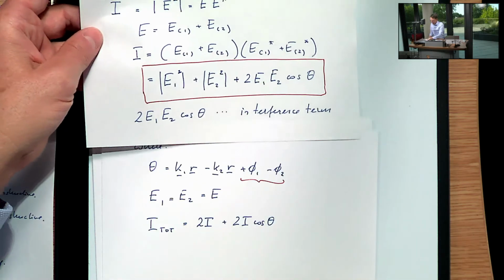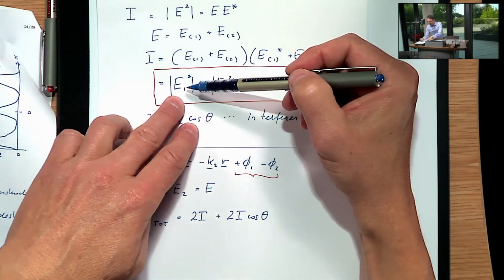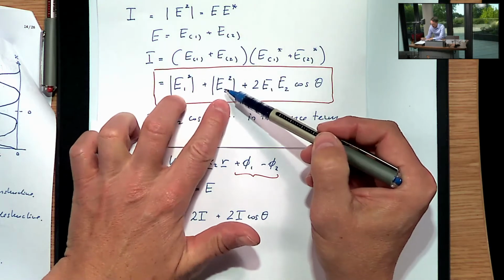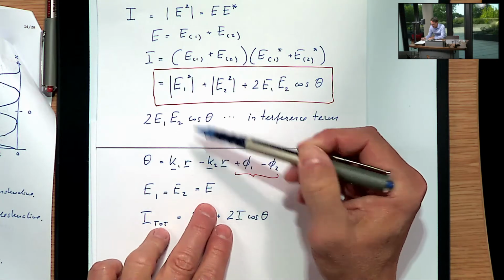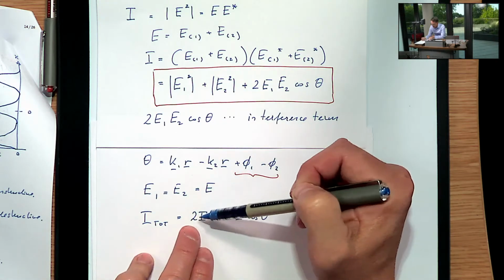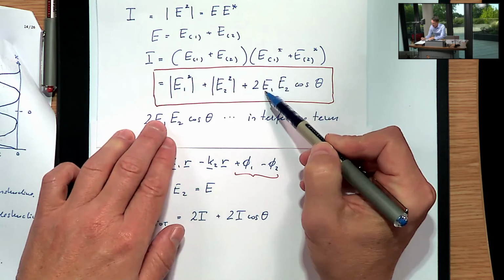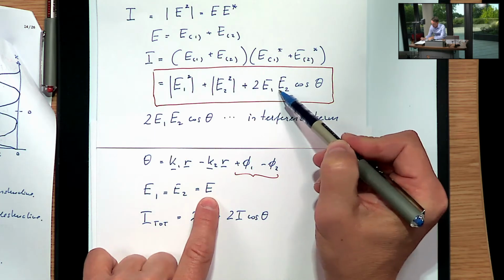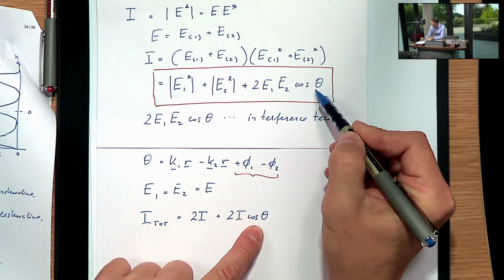Just to go back, E1 squared is the intensity of the first field. E2 squared is the intensity of the second field. They're both E, so that would be E squared plus E squared, which gives you I plus I is 2I. Then E1 E2 is E squared, if they're the same fields, so that would be 2I. And then you have the cos theta term.